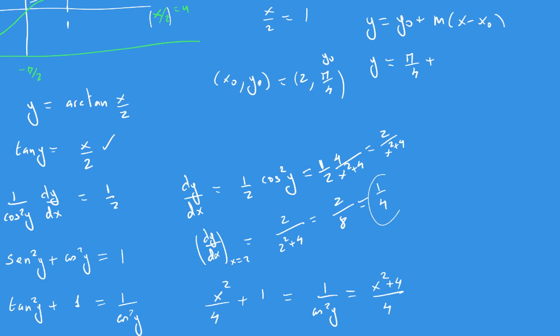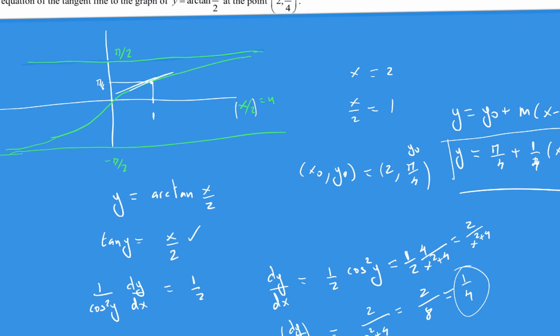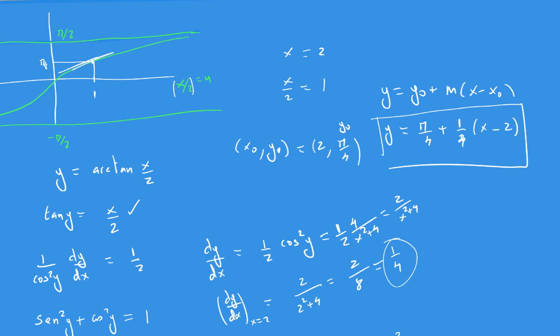The slope is 1/4 at this point, 1/4 times x minus x0. x0 is 2. So this is the equation of the tangent line to the graph of arctangent of x divided by 2 at the point x equal 2. Okay, this is the equation. This rectilinear line is this line.